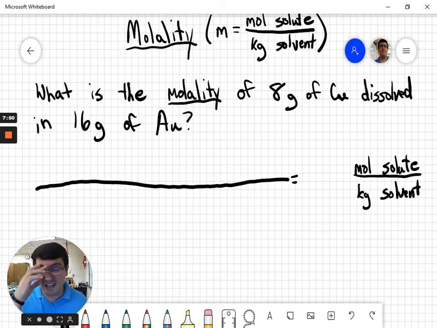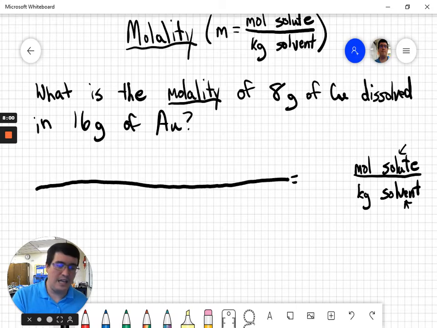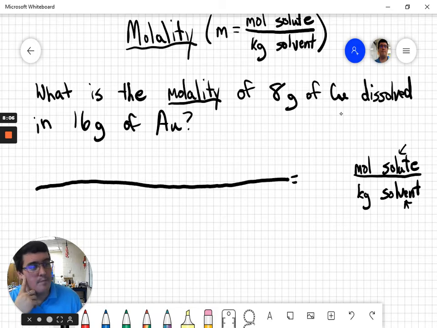The reason we're going to do that is because it's often easier in molality problems to figure out solute and solvent. Remember, the solute gets dissolved in the solvent. So we're going to look for things in the problem when we read it. Grams of copper dissolved in, so copper gets dissolved into the gold.